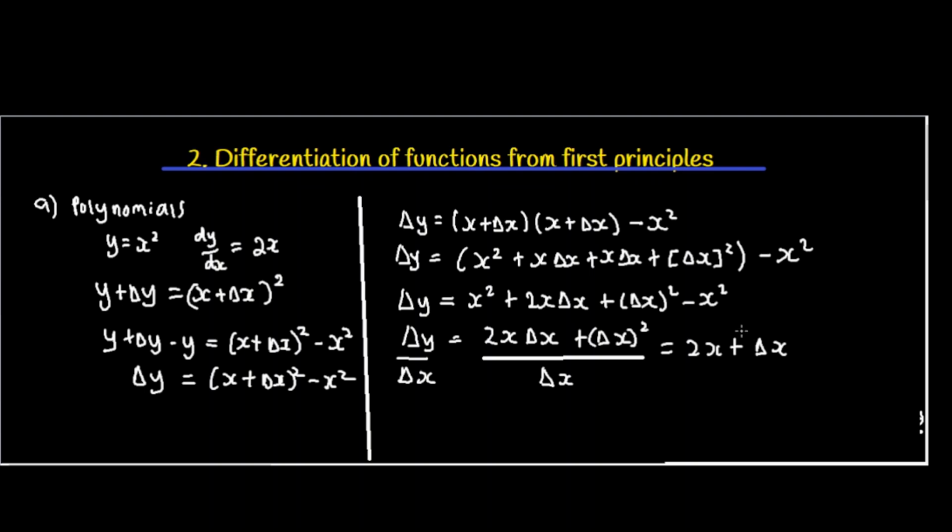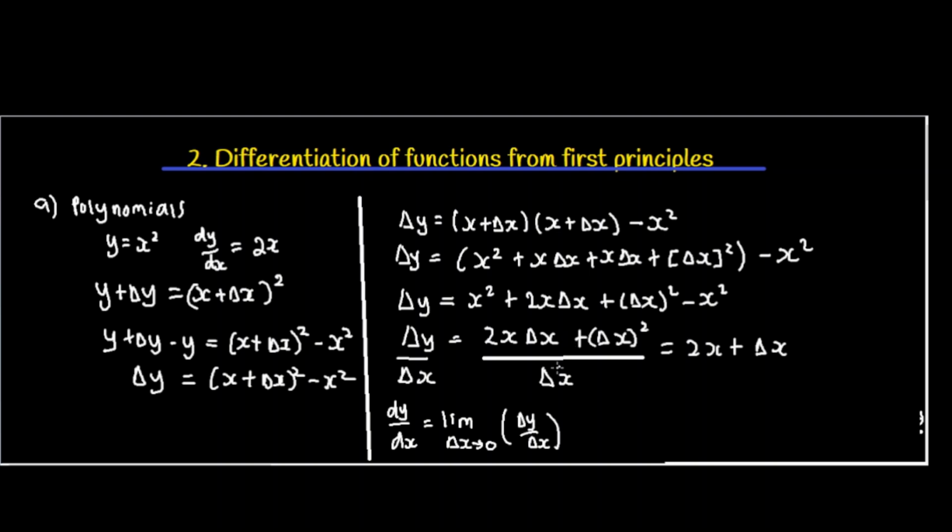And so here we can get to the last step of finding the derivative function, whereby we take the limit of change in y over change in x, and that will be dy dx. So our derivative function, dy dx, is equal to the limit as the change in x approaches 0 of change in y out of change in x.